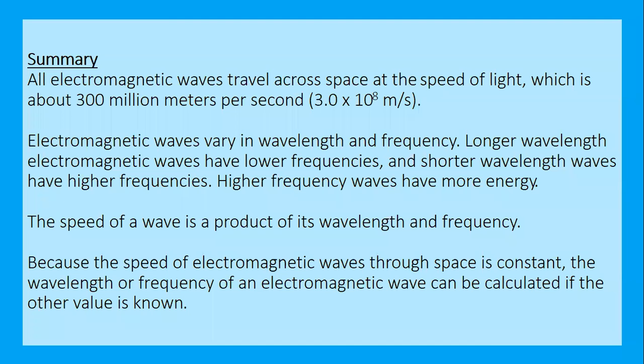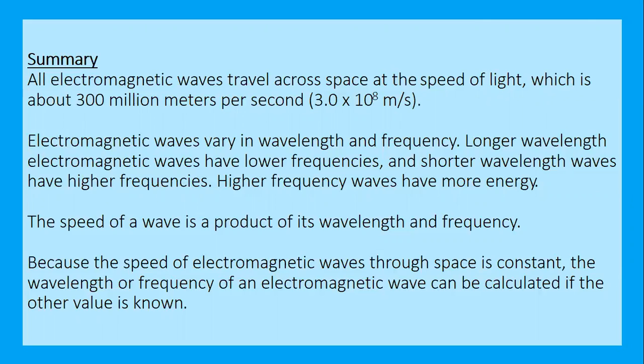So in summary, all electromagnetic waves travel across space at the speed of light, which is about 300 million meters per second, or 3 times 10 to the 8th meters per second. Electromagnetic waves vary in wavelength and frequency. Longer wavelength electromagnetic waves have lower frequencies, and shorter wavelength waves have higher frequencies.